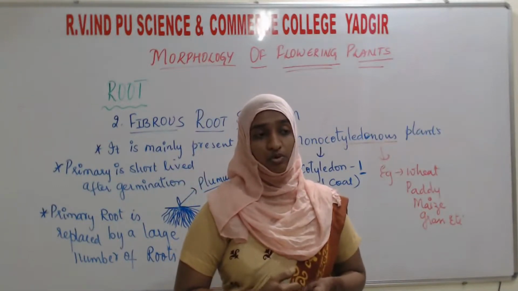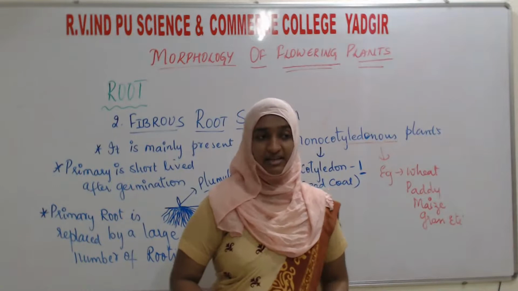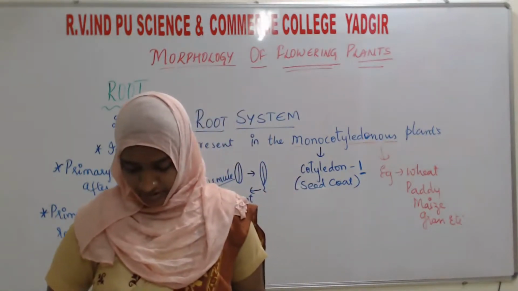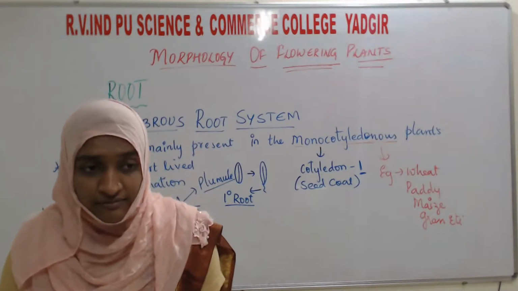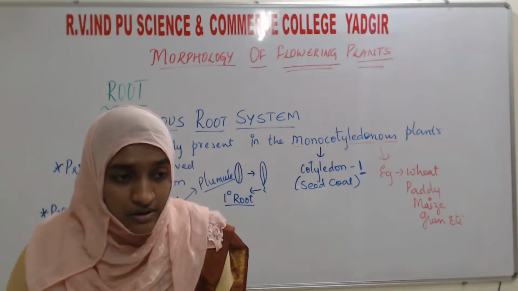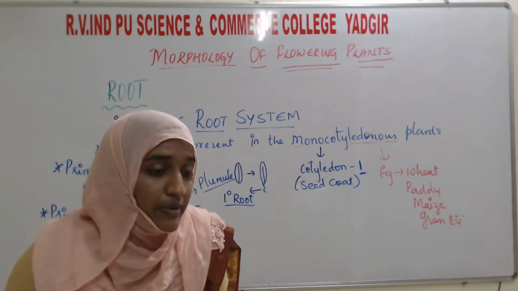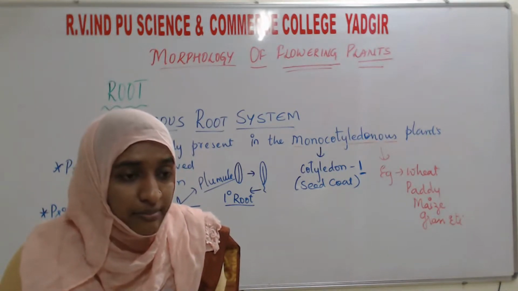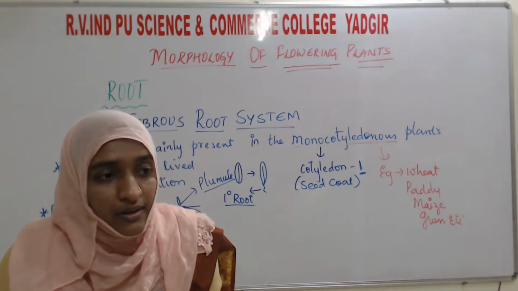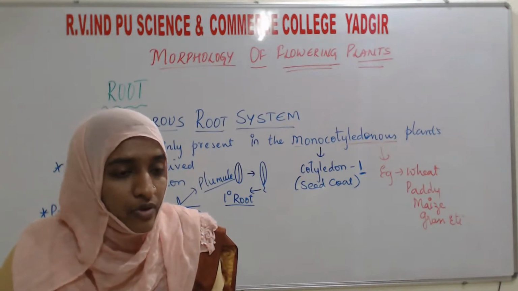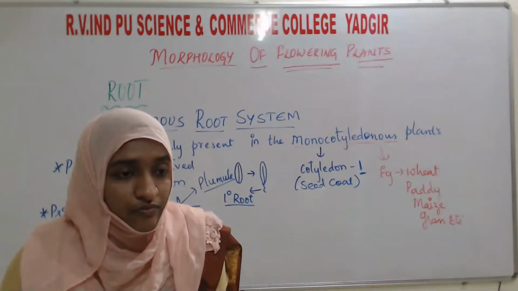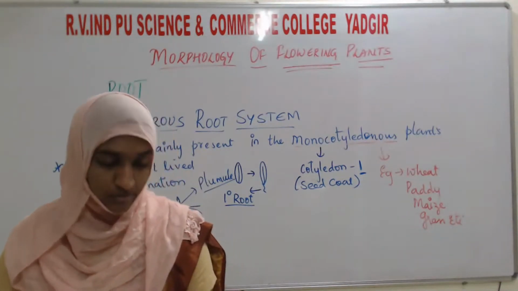Then about the monocot, which is present mainly in monocotyledonous plants, here the primary root is short-lived, and in the place of this primary root many roots are going to emerge from the plumule. That is what we call the fibrous root system.